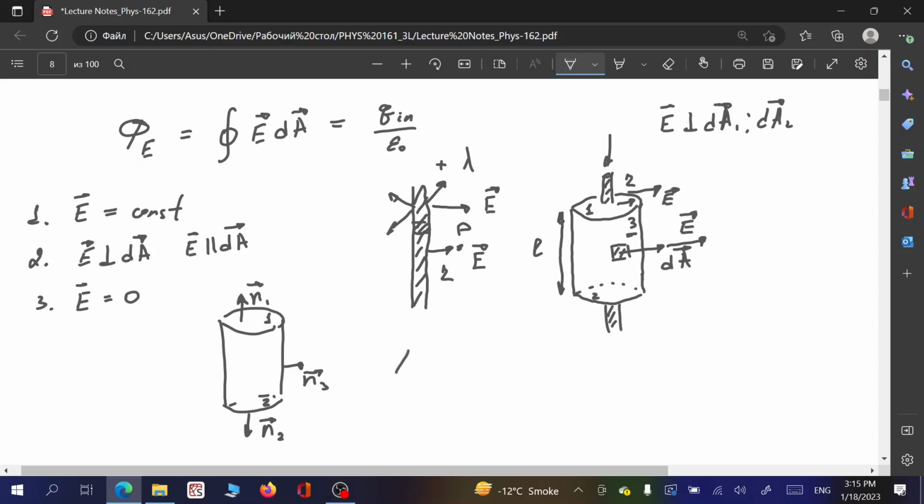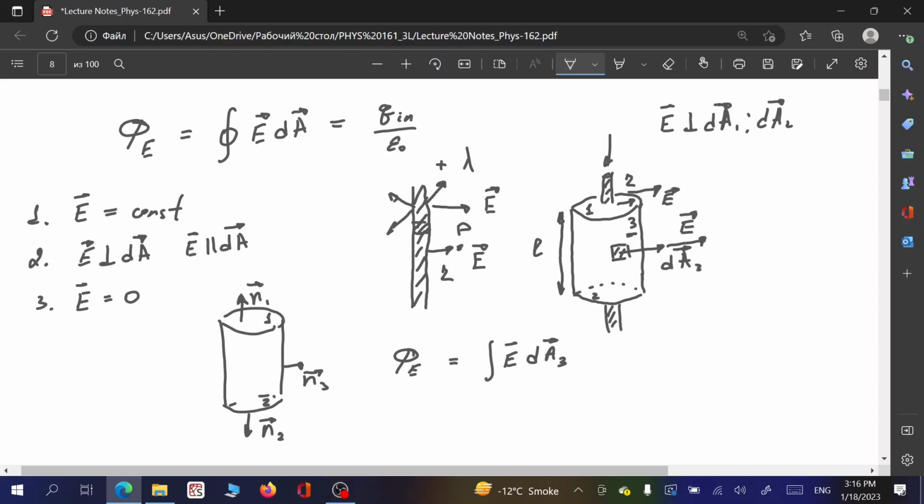So the total electric field flux through this closed cylinder will be defined as follows. It will be the integral of E vector times dA3 vector.